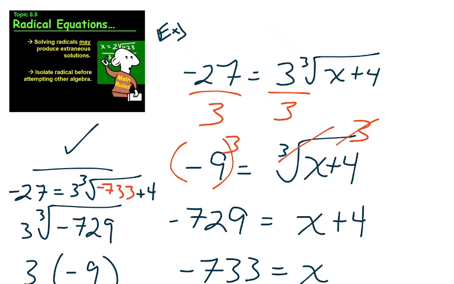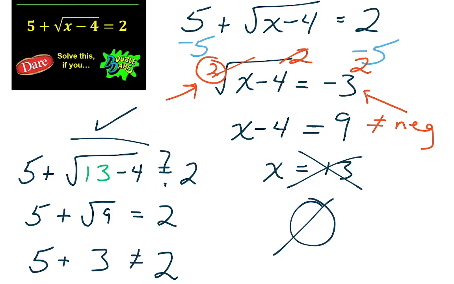Odd radicals, like a radical of 3, or maybe I should be circling it right here, can equal a negative number. Odd radicals can equal a negative. It might have made sense if I had written even cannot. Now, I'm not big on memorizing little details like that, but it is something that's true.